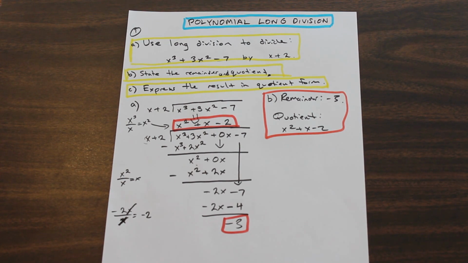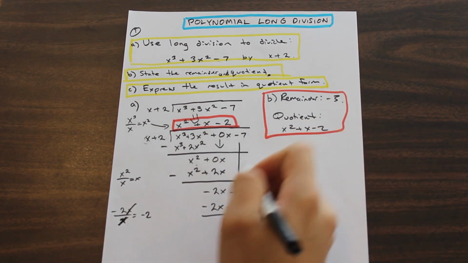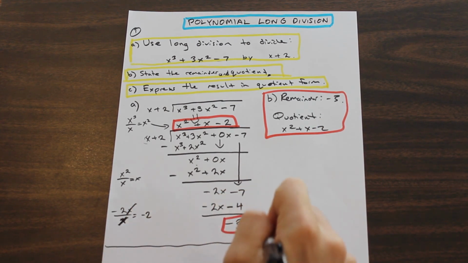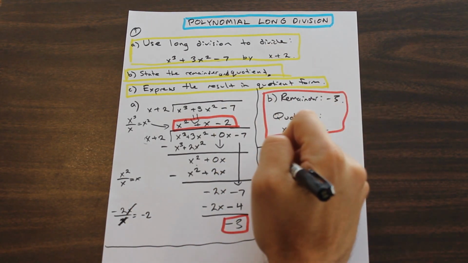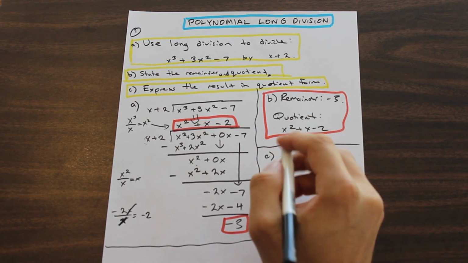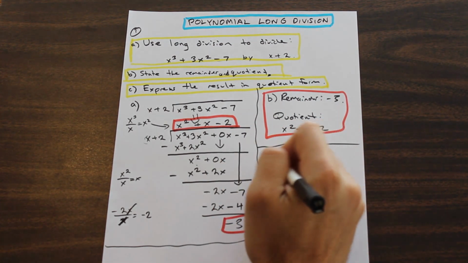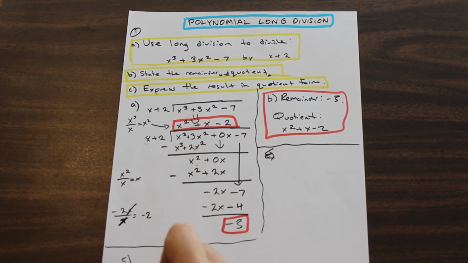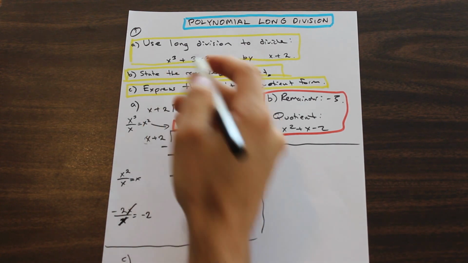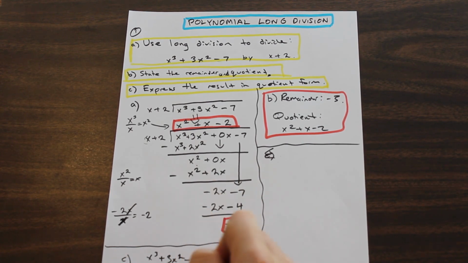What does part C ask? It asks us to express the result in quotient form. Let's come down here because we need more room. The initial expression was x cubed plus 3x squared minus 7, divided by x plus 2.